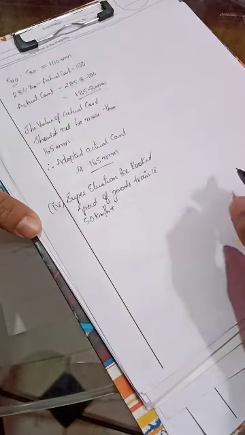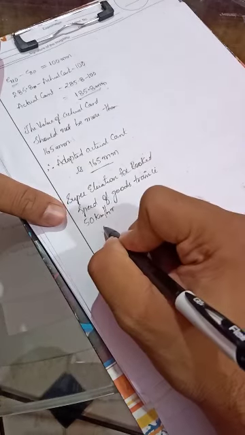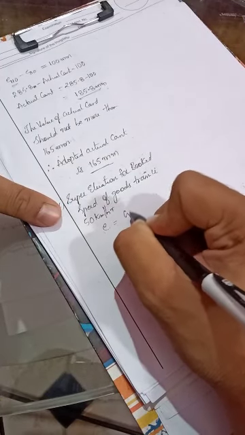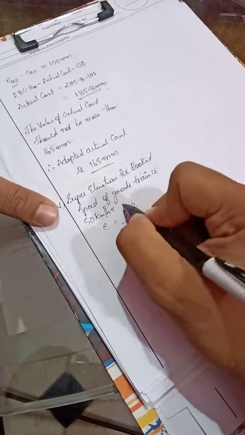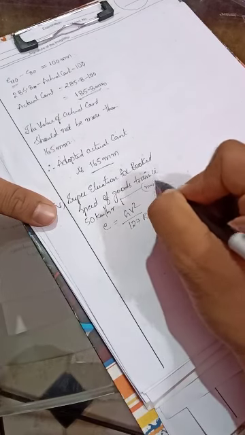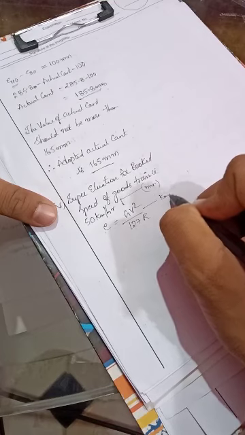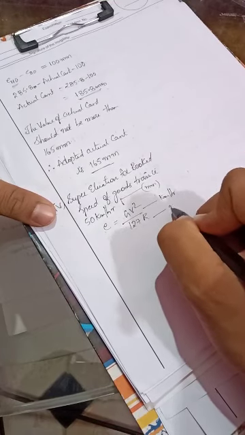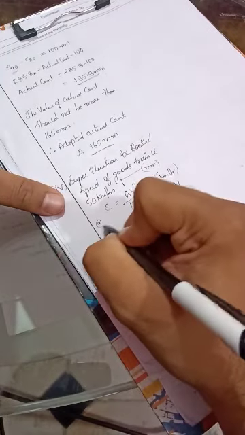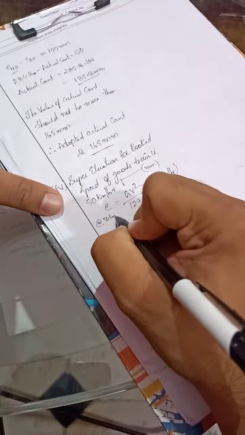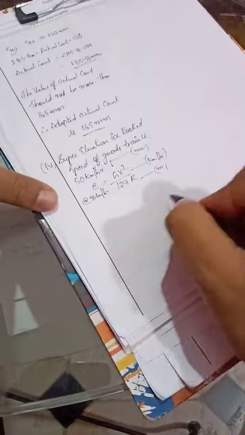What is the formula for super elevation? E is nothing but G V squared by 127 R, with G in mm, V in kilometers per hour, and R in meters, at the rate of 50 kilometers per hour.